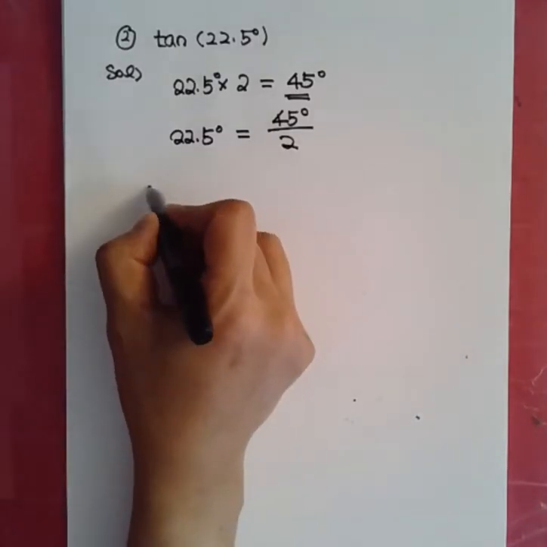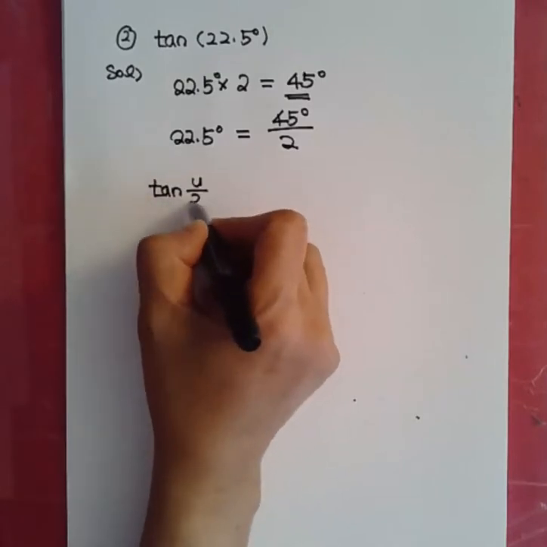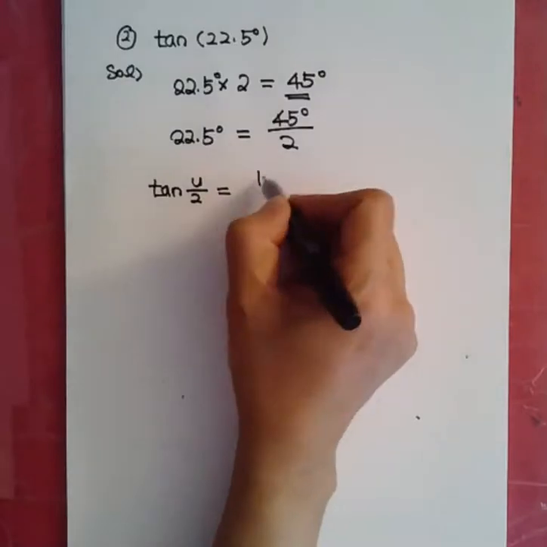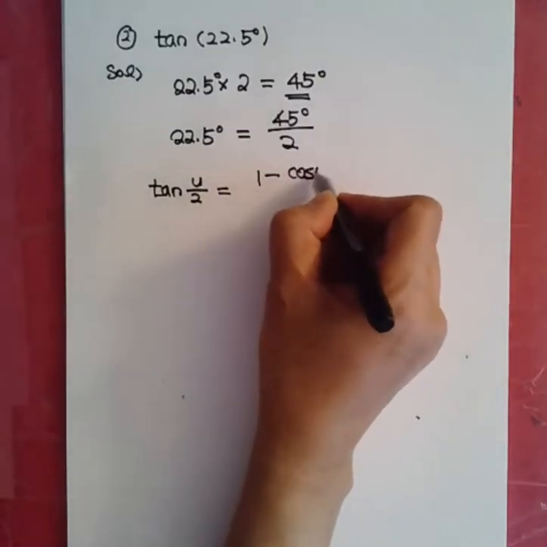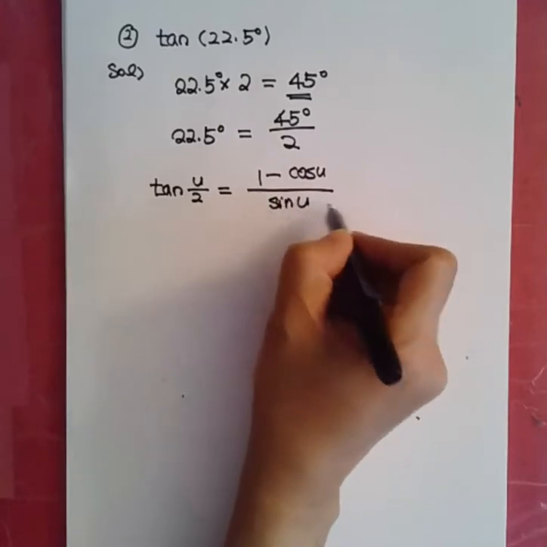We will use the half angle formula of the tangent. That'll be (1 minus cosine of u) over sine of u.